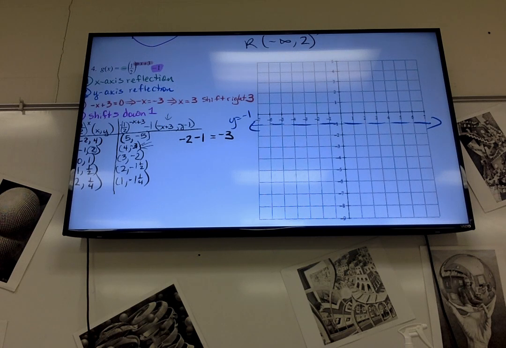So 5, -5, 4, -3, 3, -2, 2, -1.5, and 1, -1 and 1/4. There, looks like that.